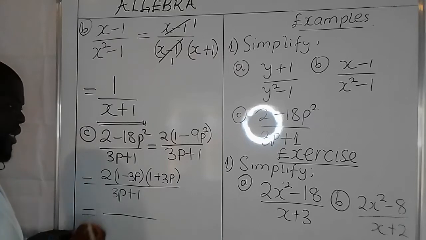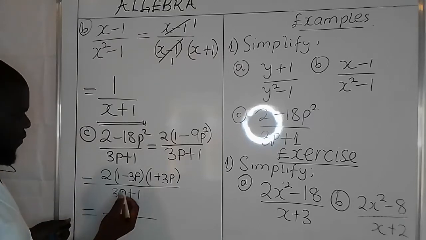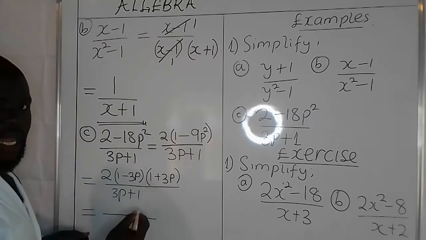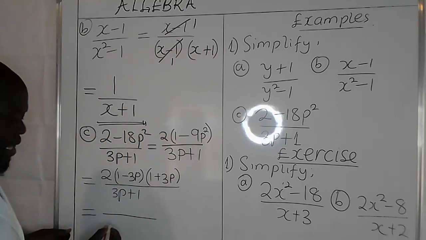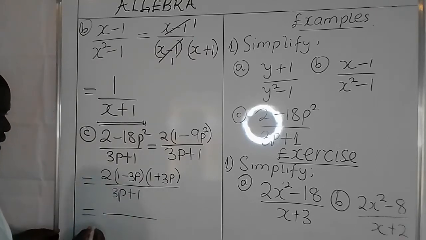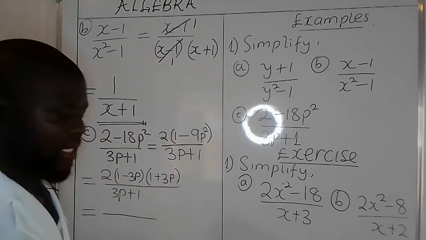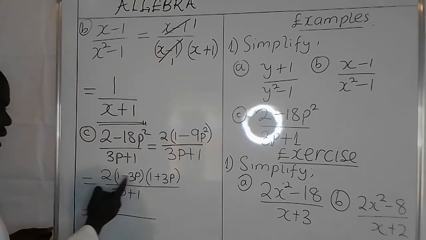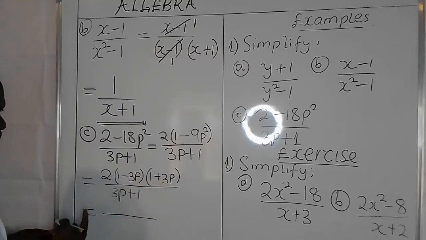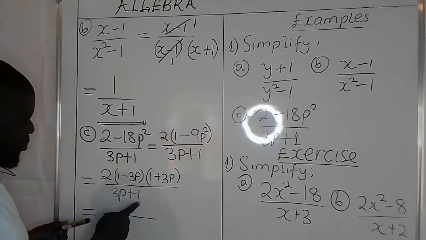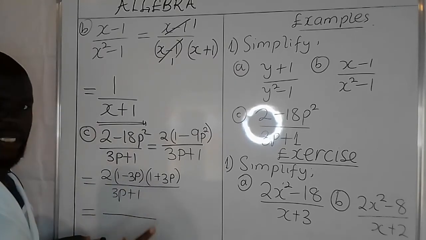As you can see, we have 3p plus 1 as our denominator, and we have 1 plus 3p as our numerator, and 3p plus 1 and 1 plus 3p are the same.